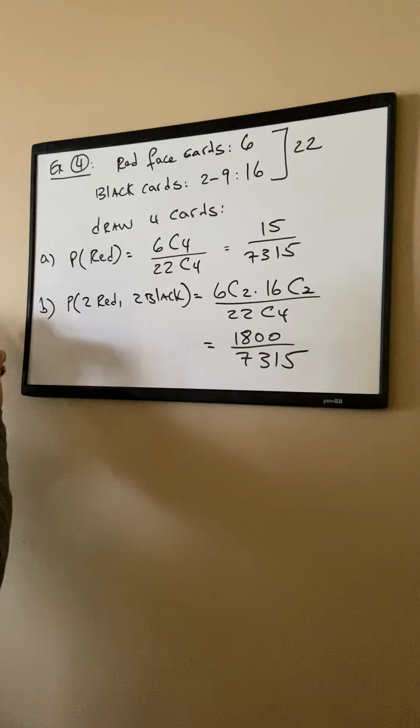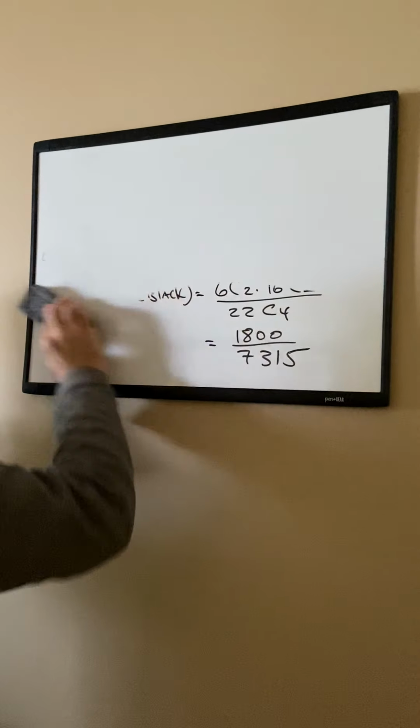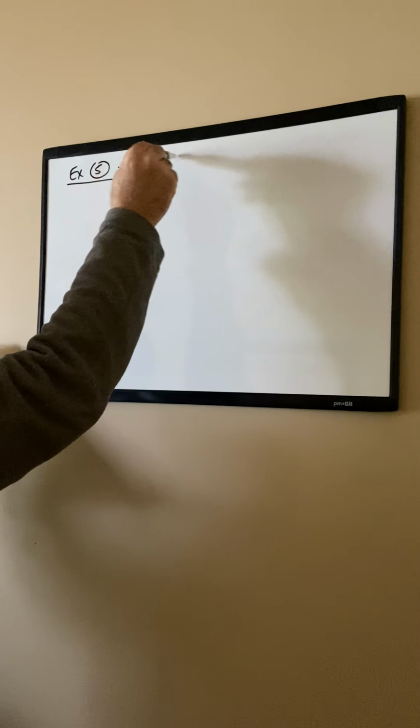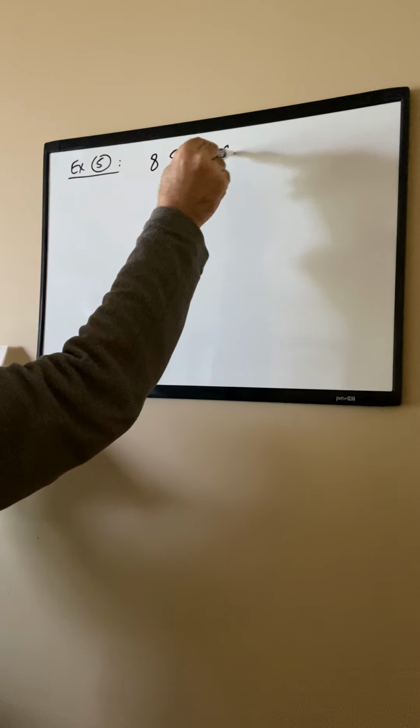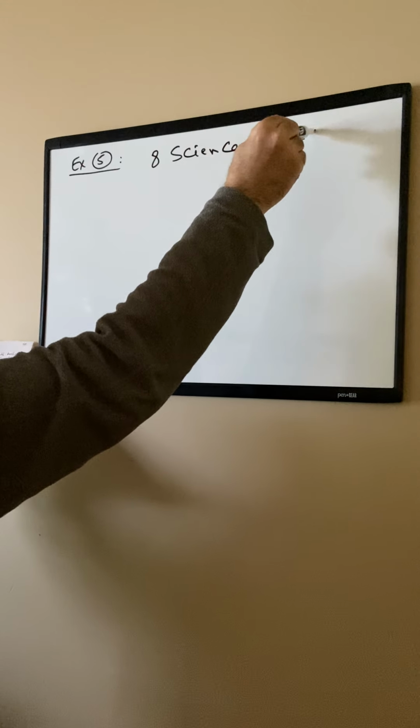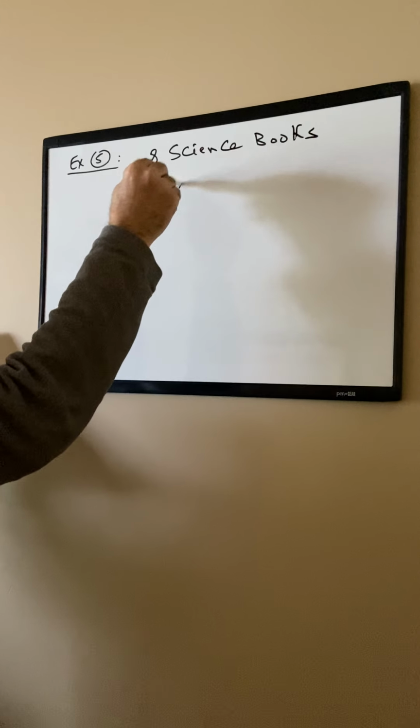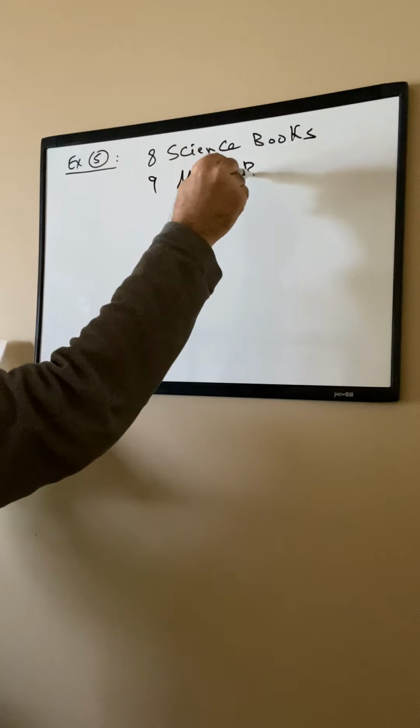Example number 5. We are given 8 science books and 9 math books.